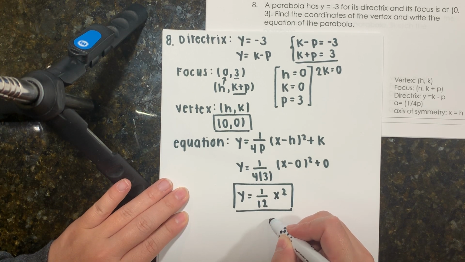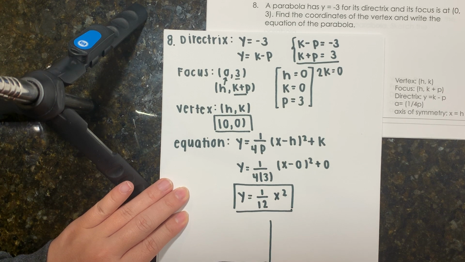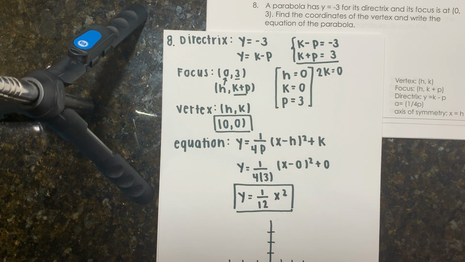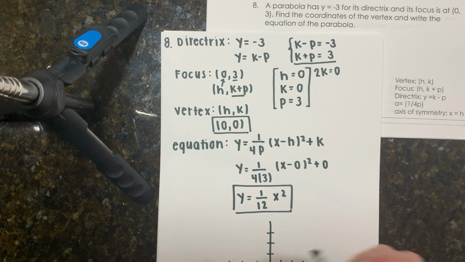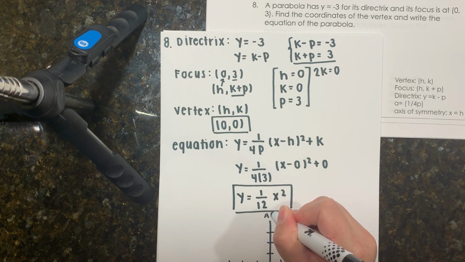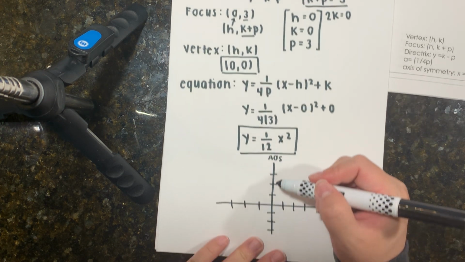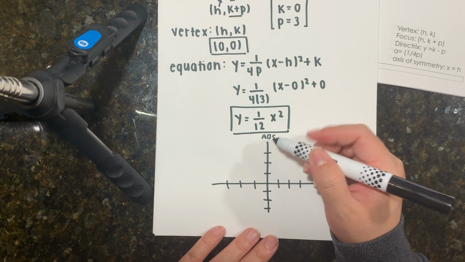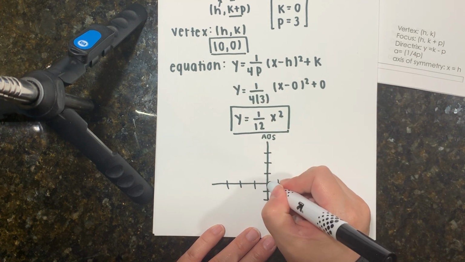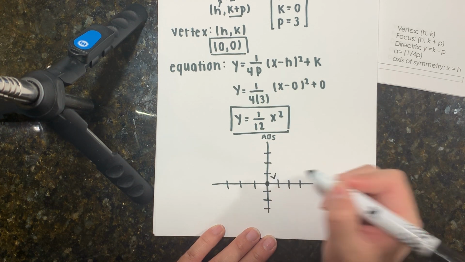And we have an axis of symmetry at 0, so my axis of symmetry is actually equal to 0. So this right here is going to be my axis of symmetry. My vertex is at 0, 0, so I would just say this is my vertex.